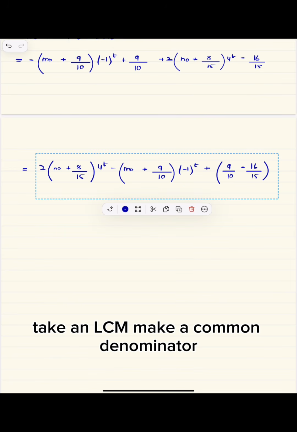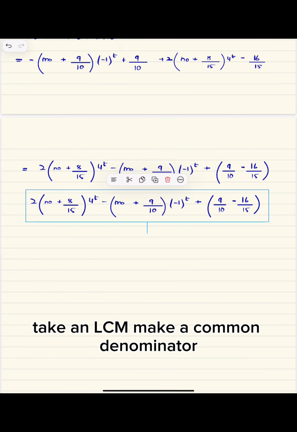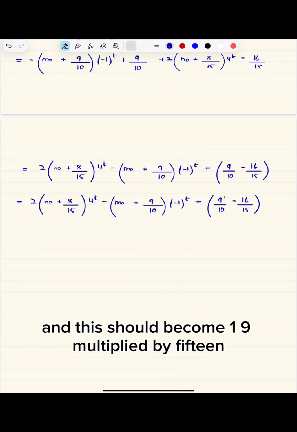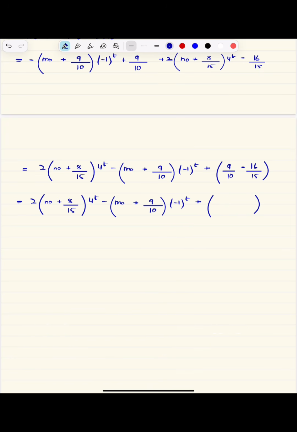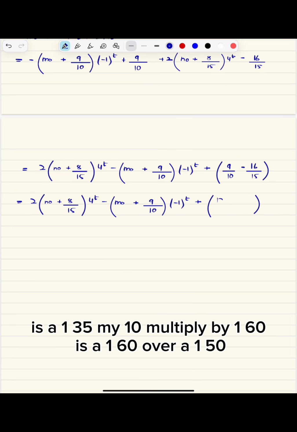We can just take an LCM, make a common denominator, and this should become 9 multiplied by 15 is 135. 10 multiplied by 16 is 160 over 150.